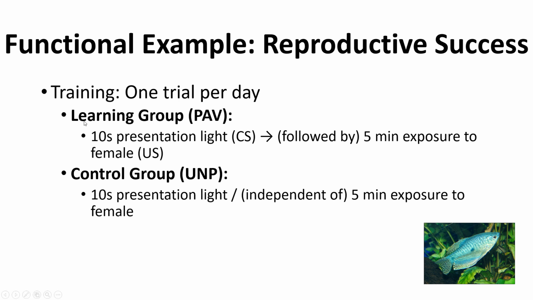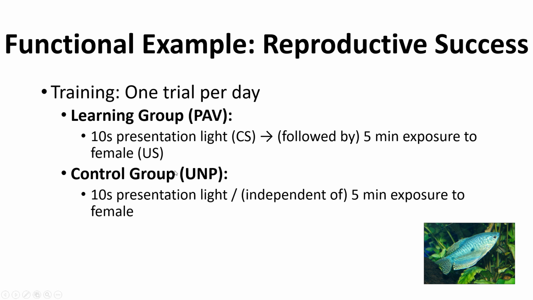And so what's happening is in our learning group, they learn an association between a previously neutral stimulus, a light that would be presented in their tanks, that's going to become our conditioned stimulus, followed by a 5-minute exposure to a female, and a female is the unconditioned stimulus. So exposure to a female should cause an unconditioned response, a behavioral response to the presence of a female.